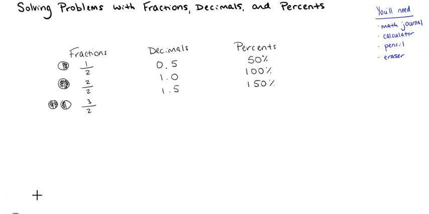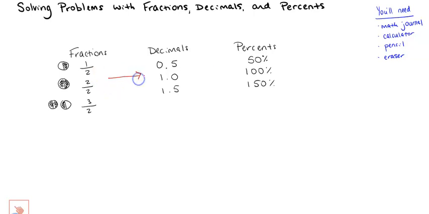So numbers are communicating something about the real world, and it just so happens that all of these numbers can be compared. Now, the trick to this is that we want to make everything a decimal. Whether we're working with a fraction or a percent, we want to try to get it to be a decimal.